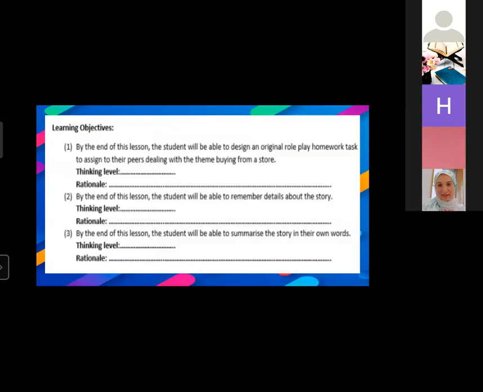Okay, so here there are 3 objectives. I'll give you 2 minutes to read silently and quickly, and after that we're going to discuss together. Okay, are you ready? Read the 3 objectives. And we'll discuss together.